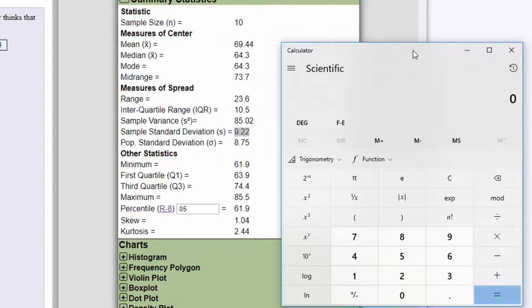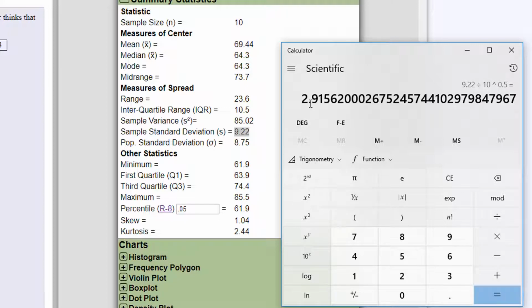So we have 9.22 divided by the square root of 10. This calculator doesn't have a square root button for some reason, so I put 10 to the power of 0.5, that's a square root. So 9.22 divided by that is 2.9156.